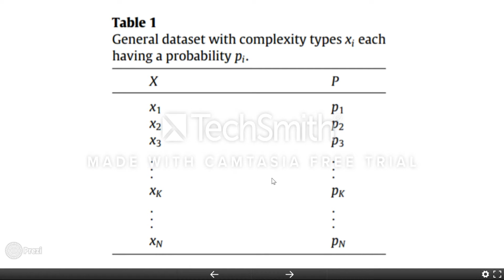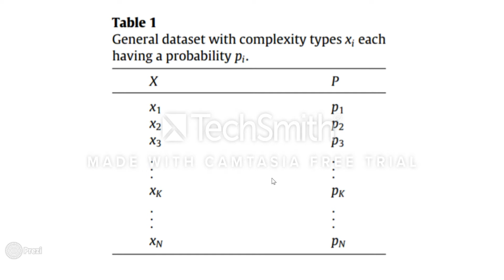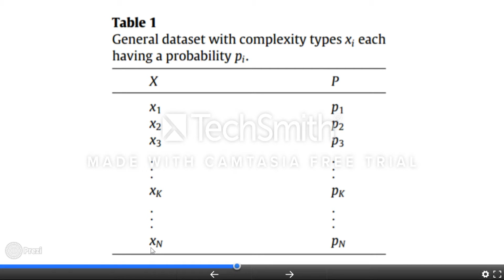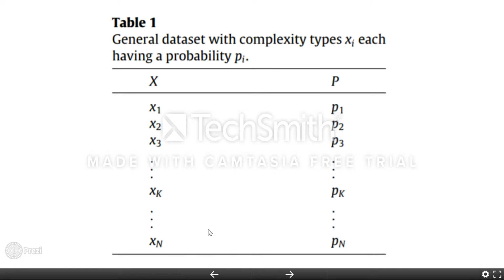In that case, we would actually have to compute an equivalent equiprobable distribution and ask ourselves how many types are required in that equivalent distribution that maintains the same amount of information, or Shannon entropy, as this original database.